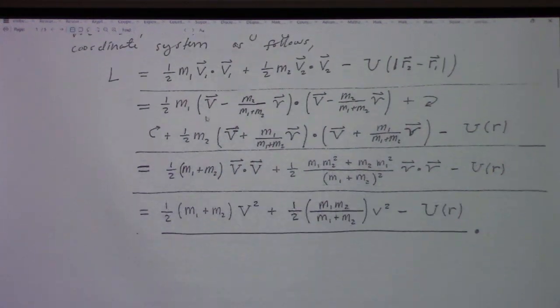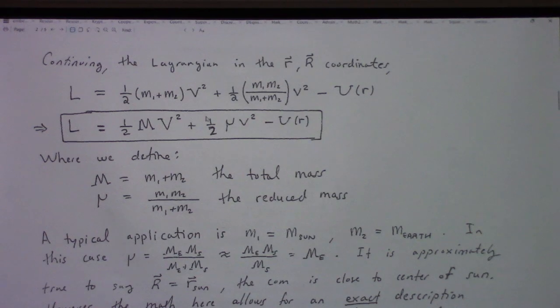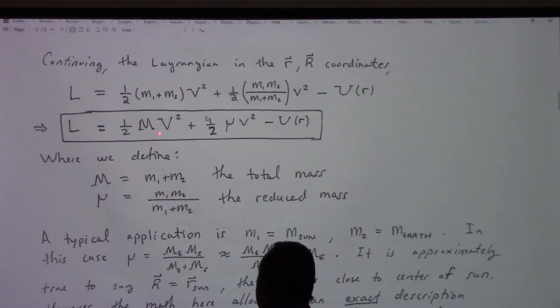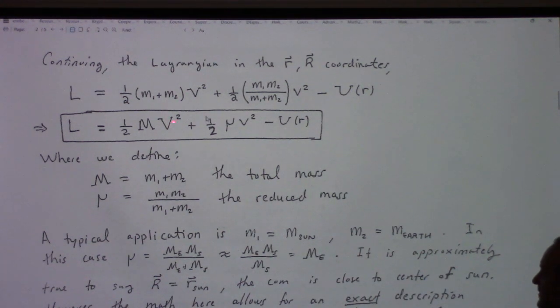Anyway, that can be simplified, actually, like this by algebra. So there's a better formula for the reduced mass, all right? And so then we have the Lagrangian has 1/2 the total mass times the velocity of the center of mass squared, plus 1/2 the reduced mass times the relative velocity squared, minus the potential energy with respect to the relative distance, right?